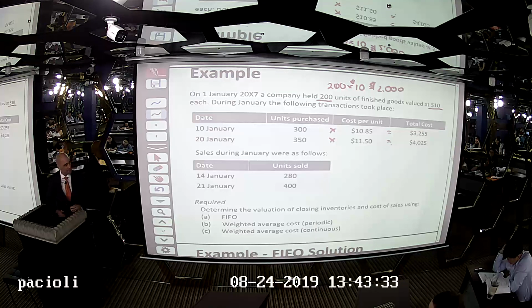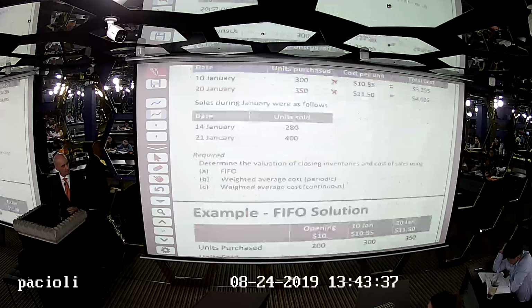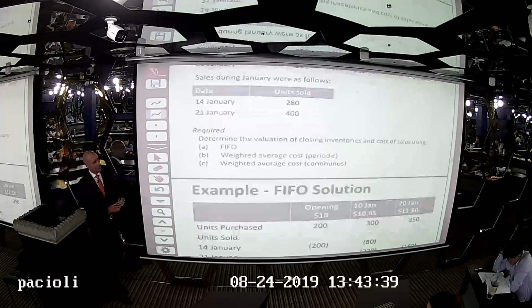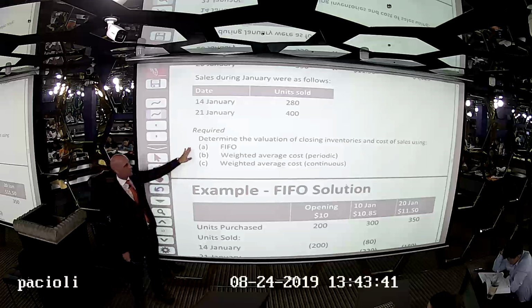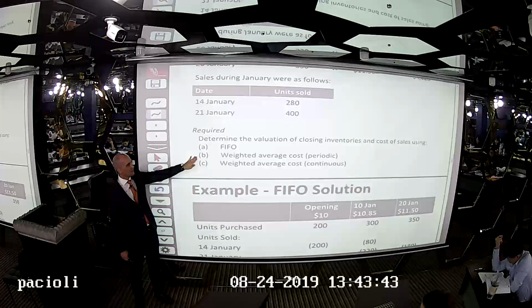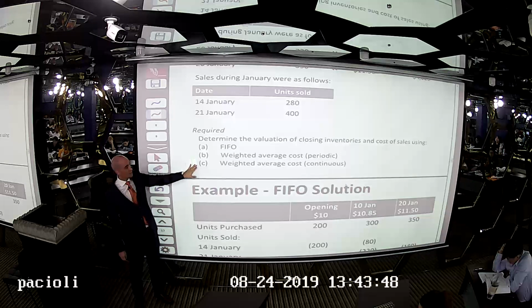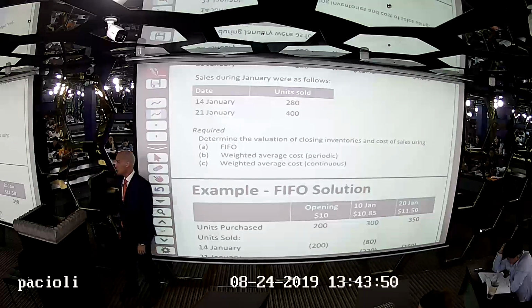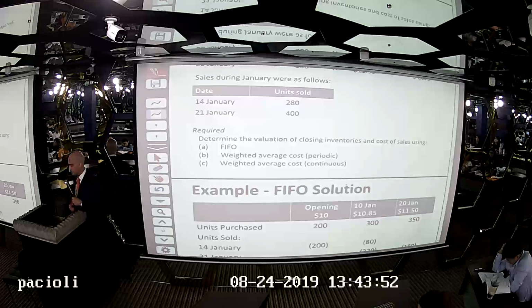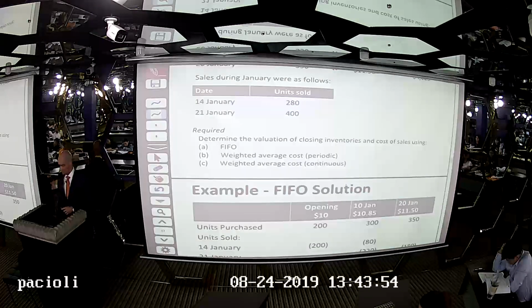Okay, so let's look at the 3 methods to find the cost of goods sold. We have 3 methods on the exam. Number 1, FIFO. Number 2, the periodic average cost. Number 3, the continuous average cost, or we can say perpetual average cost.